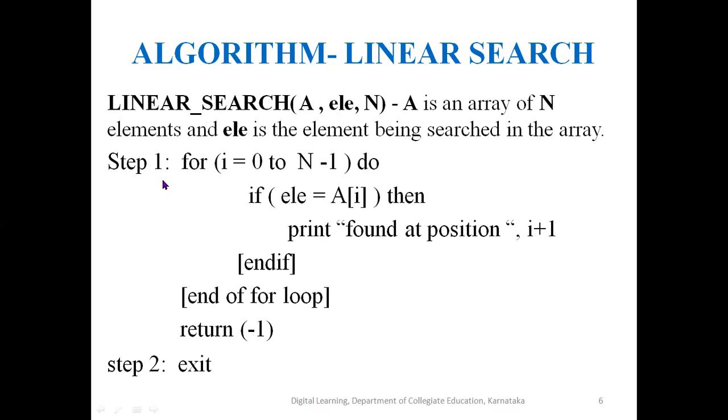Step number 1: for I equal to 0 to n minus 1, do: if ELE is equal to A of I, then print ELE is found at position I plus 1. And after traversing through the entire list, if none of the elements matched with the search element ELE, then we can print a message that element ELE is not found in the list.